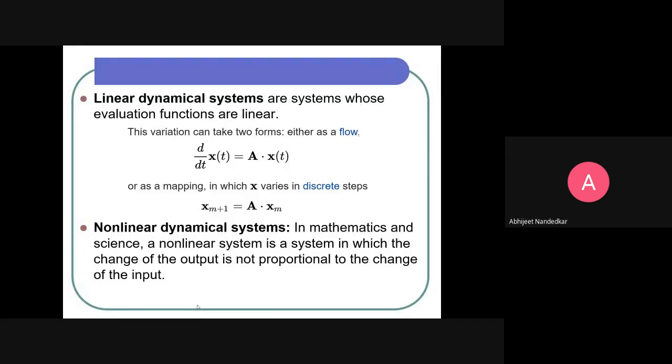Linear dynamical systems are those whose evolution functions are linear.